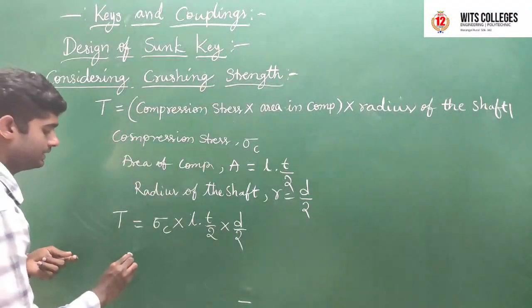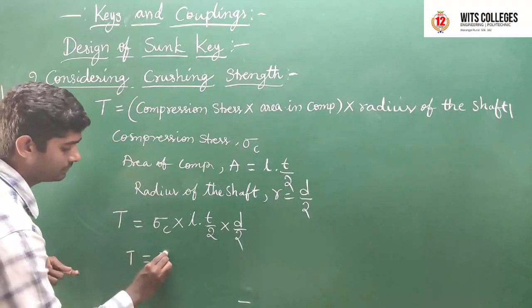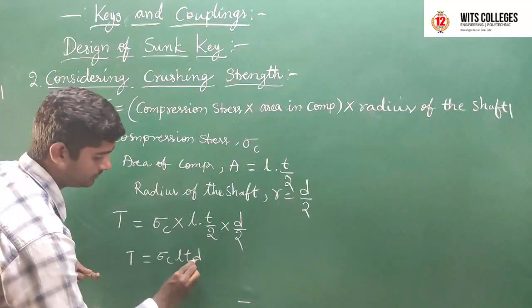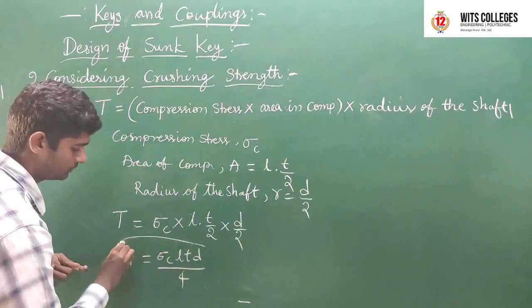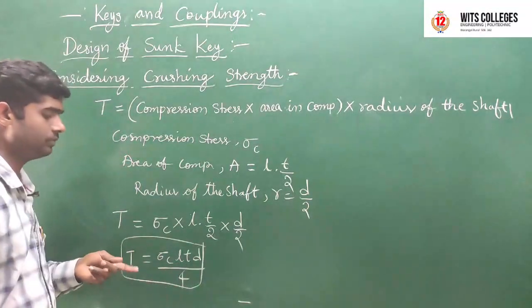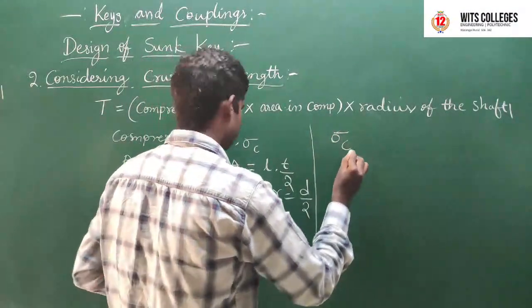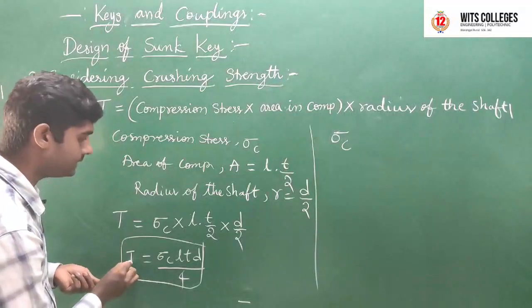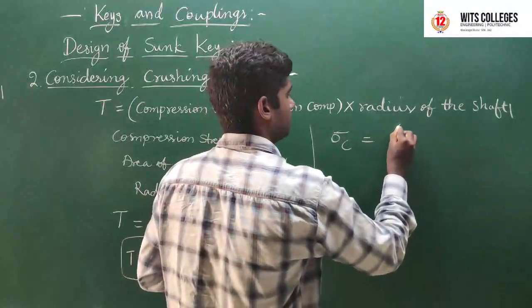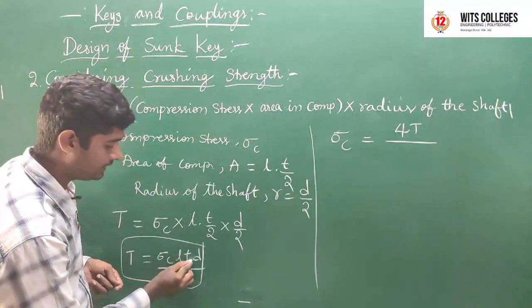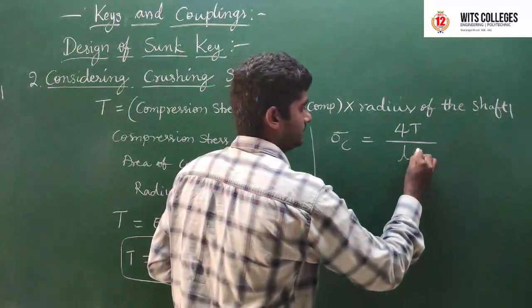T is equal to sigma C L T D by 4. Using this equation, sigma C is equal to 4T by L T D.